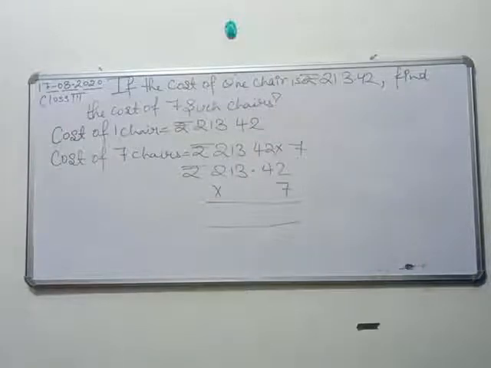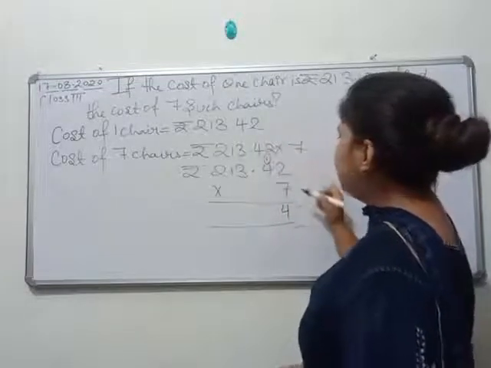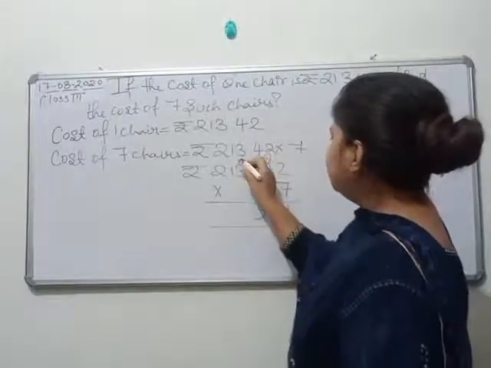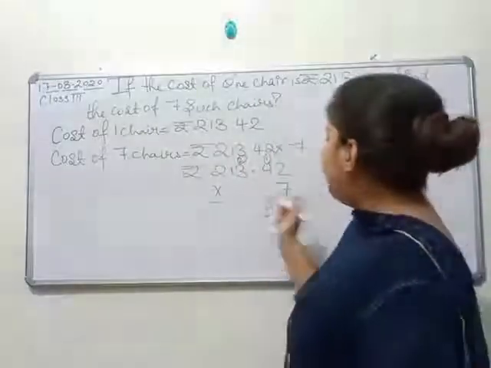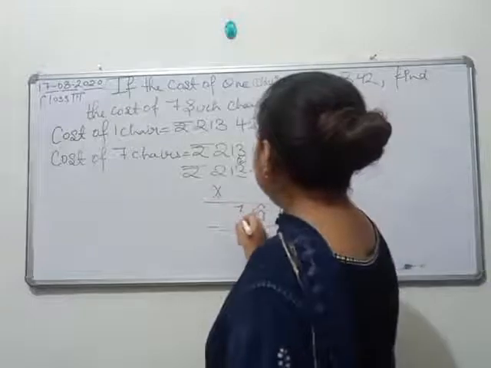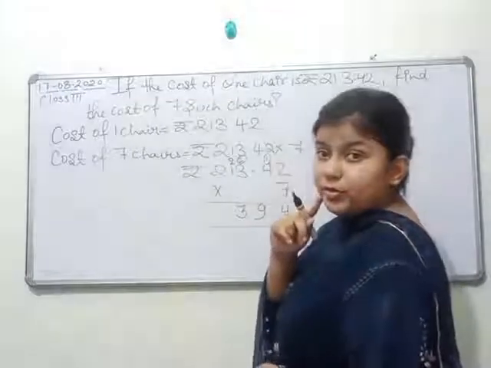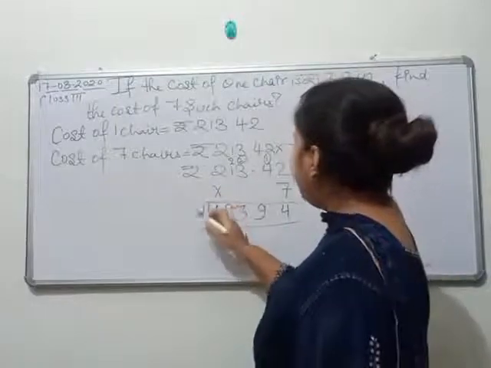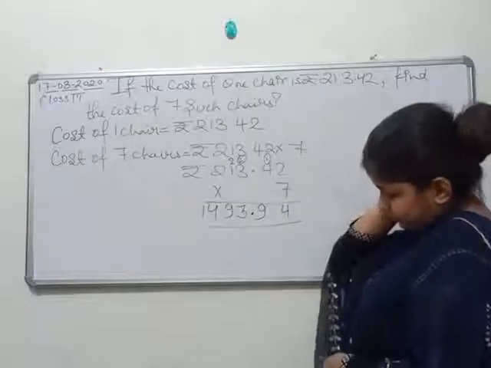Okay, let us do it. Now 7 twos are 14. 4 carry 1. 7 fours are 28, 28 plus 1, 29. 9 carry 2. 7 threes are 21, then 21 plus 2, 23. 7 ones are 7, plus 2, 9, and 7 twos are 14. So for such a big answer, we will make a dot after 2 places. Okay?